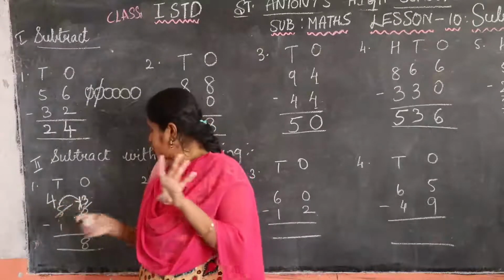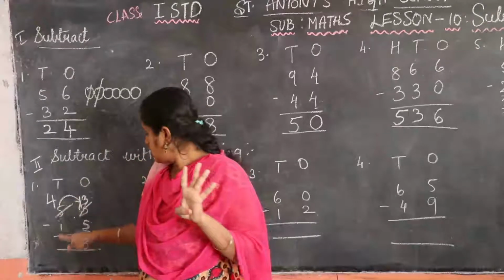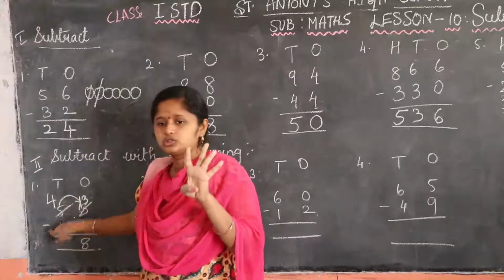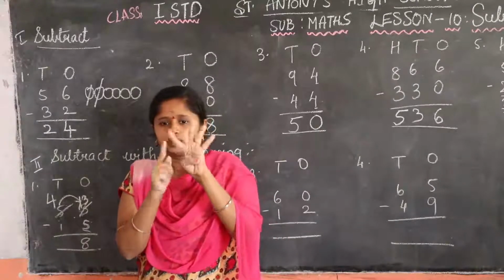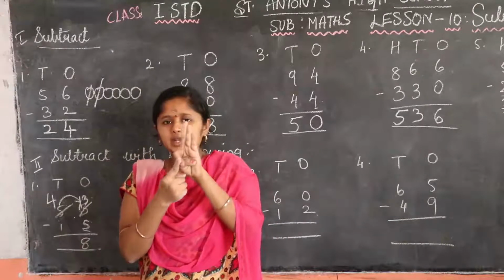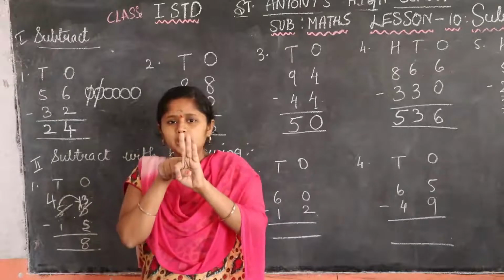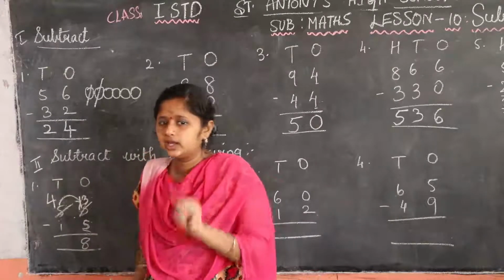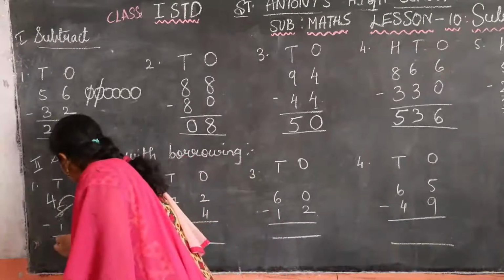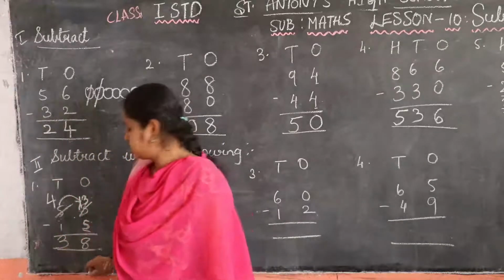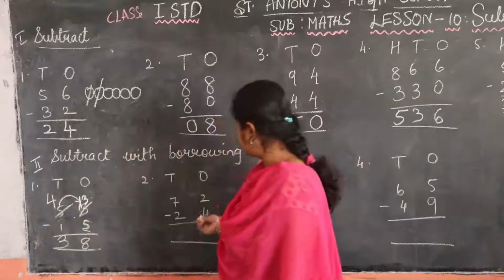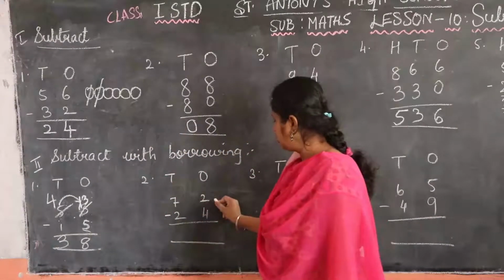From this 4, how much do we have to reduce? 1. So if we take away 1, how much is the balance? 1, 2, 3. 3 will be left. We got this answer.